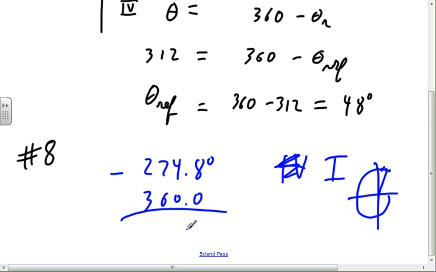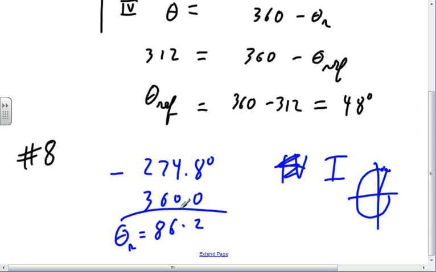And what do I get? 0 minus 4 is 6, and 7 from 5 is 8. So that'll be my reference angle. So 374.8 is already in the first quadrant. I just want to turn it into a positive angle so I can figure out what the reference angle is.